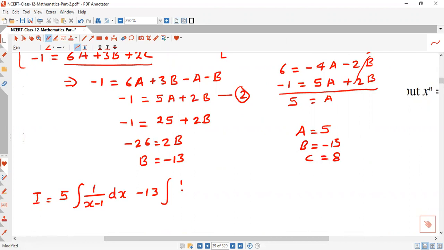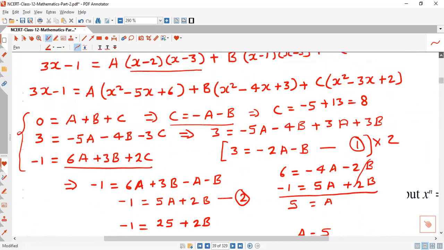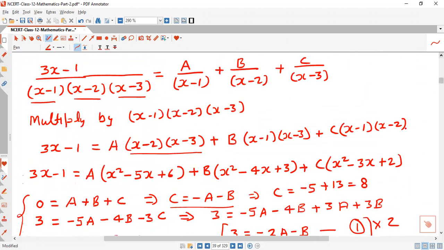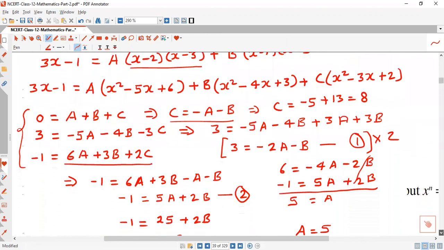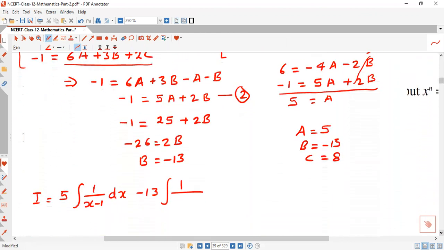The second one is x minus 2, and the third one is x minus 3. So we have x minus 2 dx, and c times 1 upon x minus 3 dx.